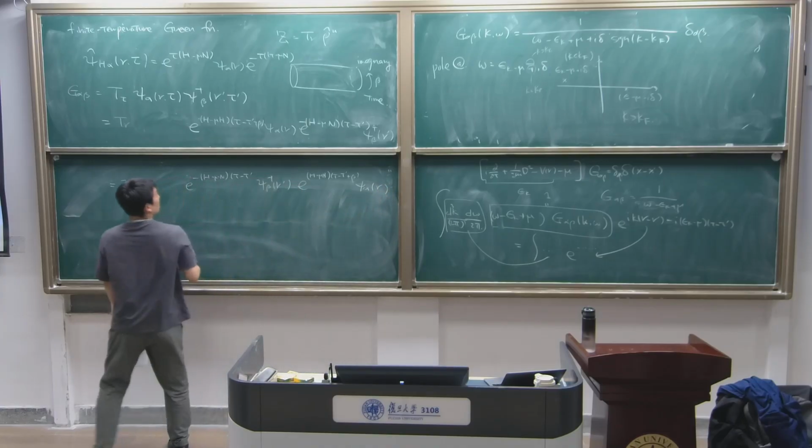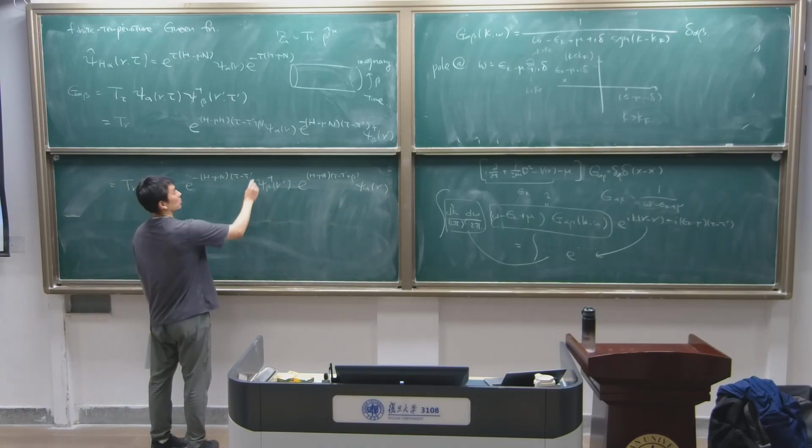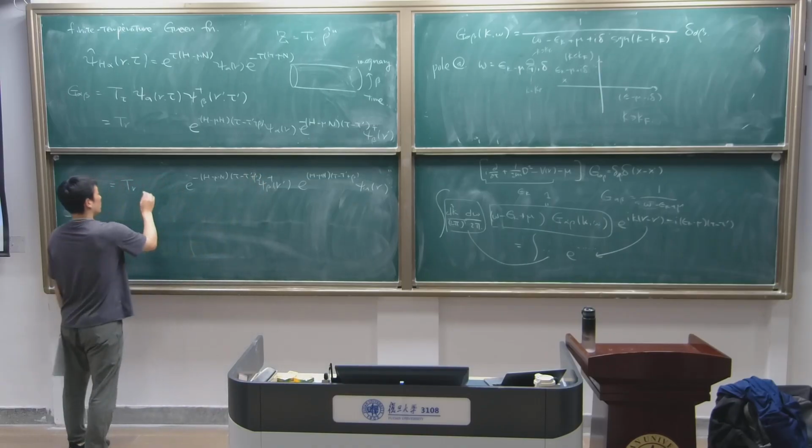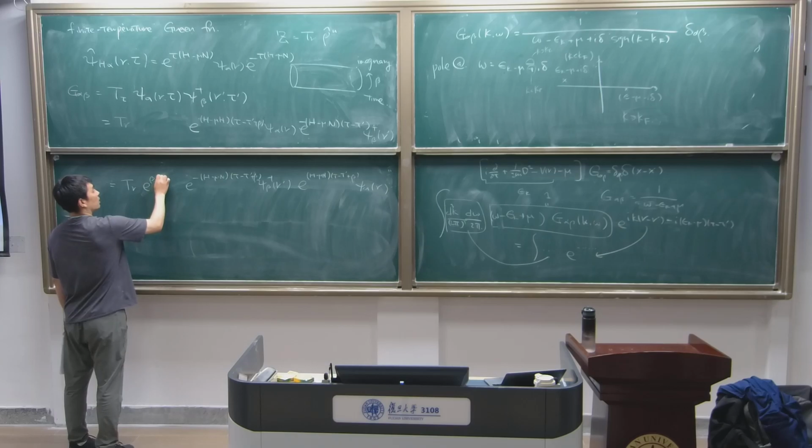Okay, and then I just want to manipulate beta and plus beta, and then you get e to the beta h minus mu n, right?